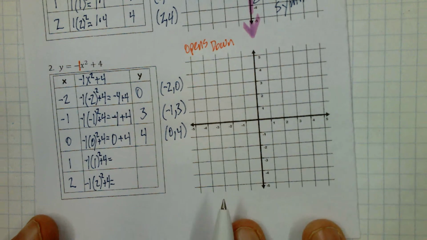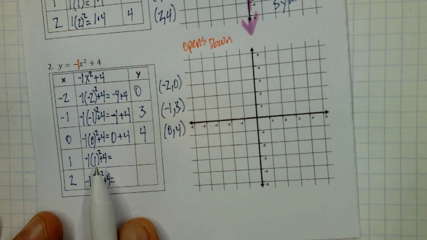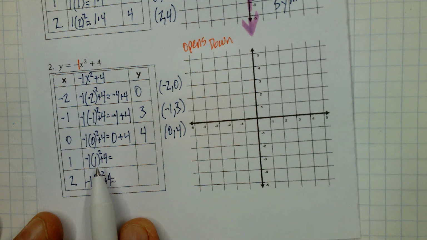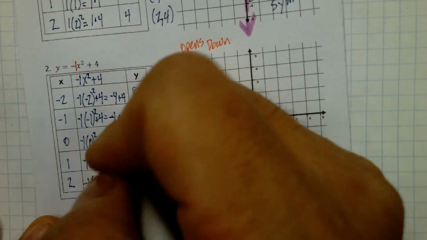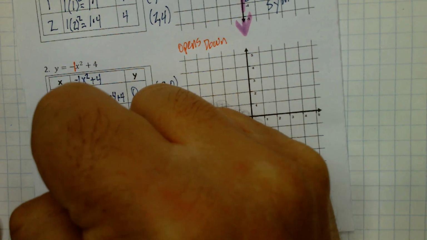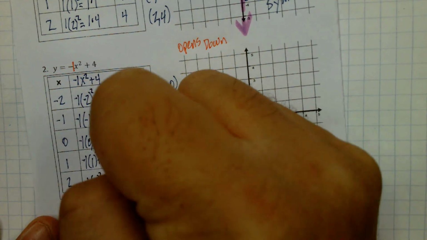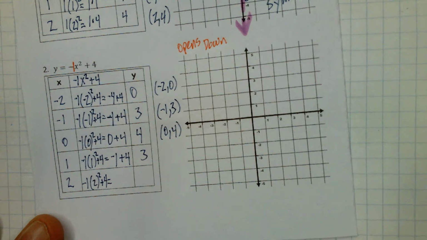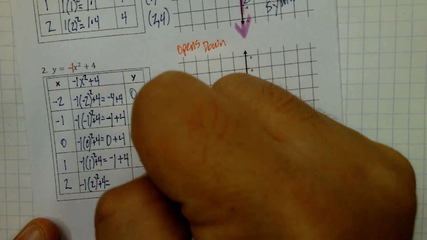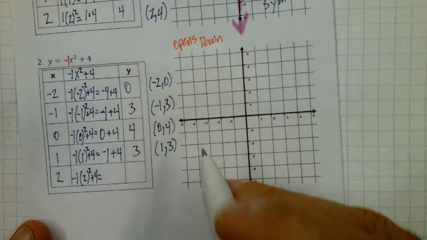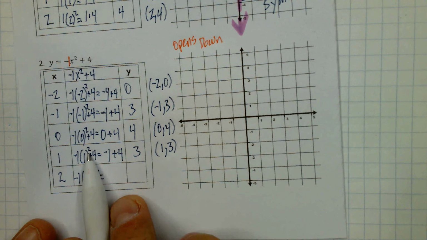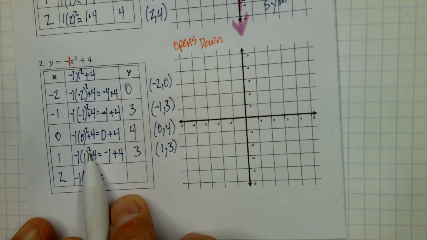And let's see what we get next. 1 squared, that's 1 times 1, so it's 1. But you have to multiply it times -1. So we get -1 plus 4 again. 3. And there's that symmetry. So this is 1, 3. What about the 2 though? The 2? This 2? That's why we square it. That means multiplying it times itself.